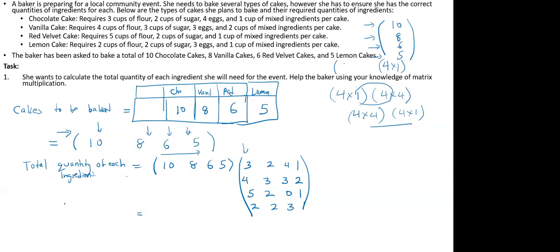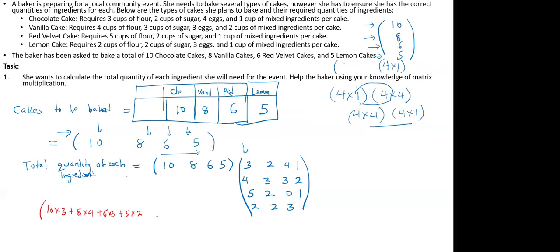Now here you're going to notice that your resulting matrix, if we use this one, is going to be a 1 by a 4. So meaning that I need a bigger space. Allow me to remove this and write a bigger space. So I'll have 10 multiplied by 3 plus 8 times 4 plus 6 times 5 plus 5 times 2.